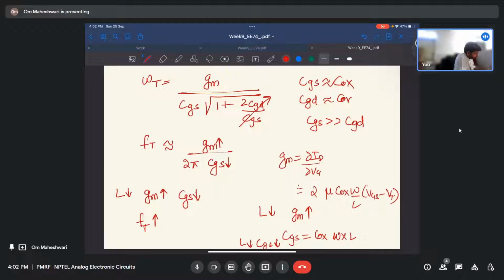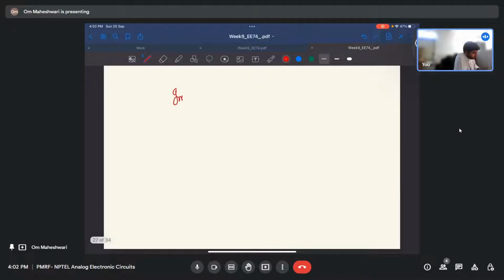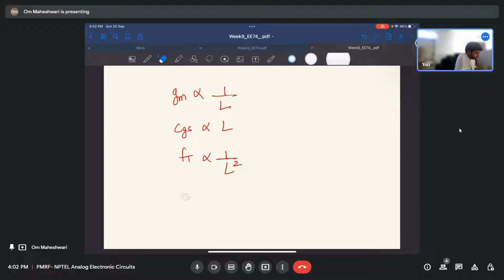Gm is proportional to 1 by L, CGS is proportional to L, so Ft is proportional to 1 by L square. So this is how Ft will change. So if L goes from 180 nanometer to 65 nanometer, L is reducing by 2.77 times.